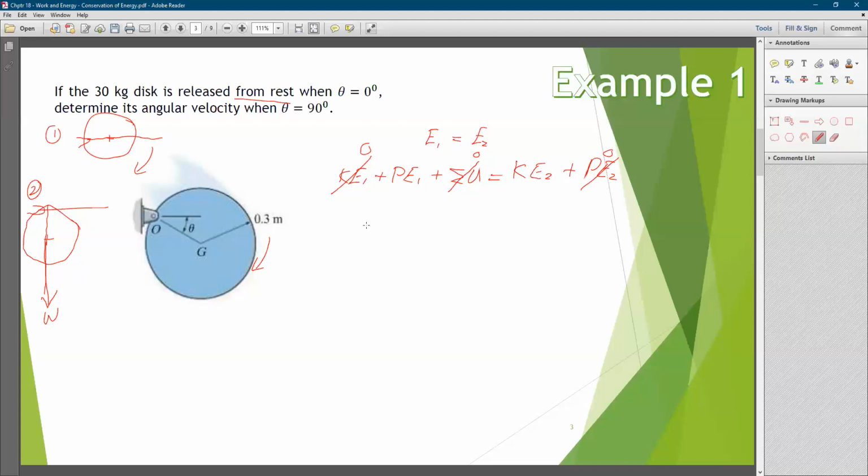Then what we have here is PE1 equal to KE2. What is PE1? PE1 is very simple.